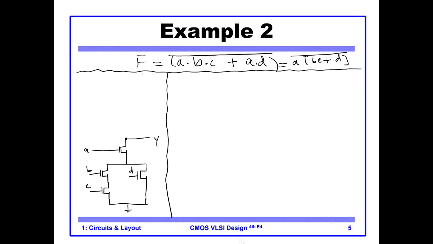The next is our Pmos network, which is the opposite. So we start by drawing the B and C, which are in parallel, and then D, which is in series with the whole combination.